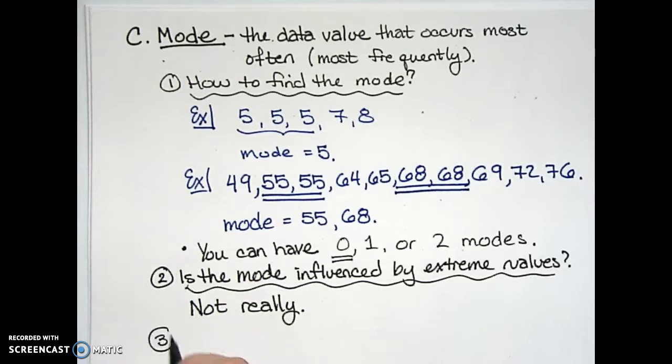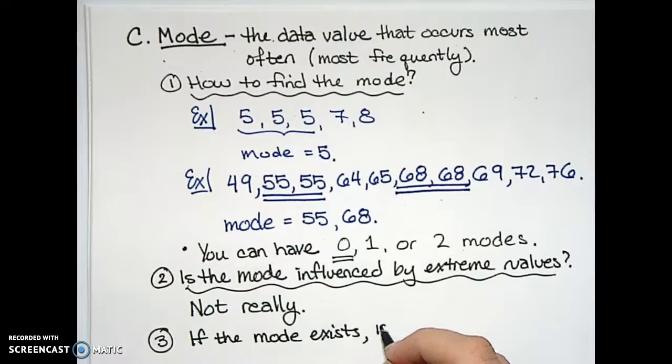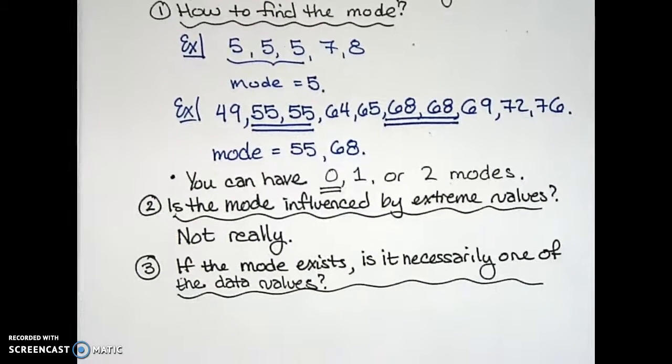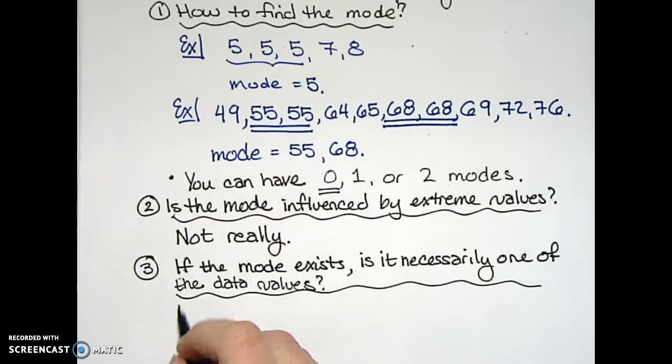And the third question, if the mode exists, is it necessarily one of the data values? Simply by nature of the fact that the mode identifies the value that occurs most frequently, the answer is yes. The mode must be, if it exists, one of the data values from the set.